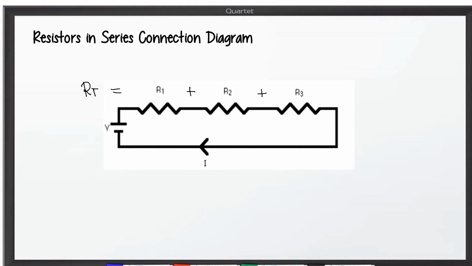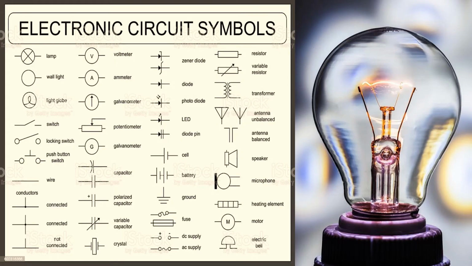Yan daw po yung ating tinatawag na equivalent resistance ng kabuuan. Herewith are some commonly used electronic circuit symbols, but not limited to this.